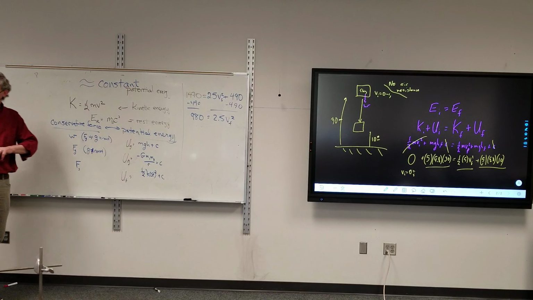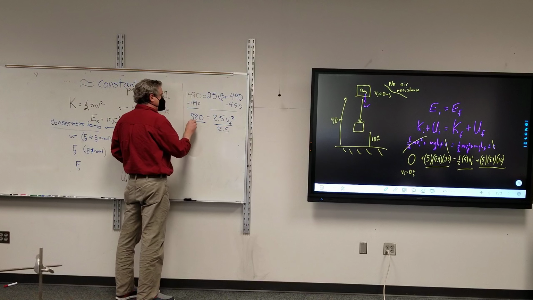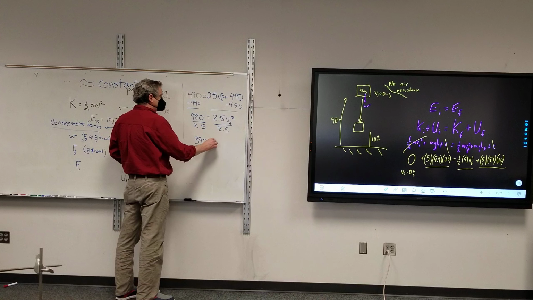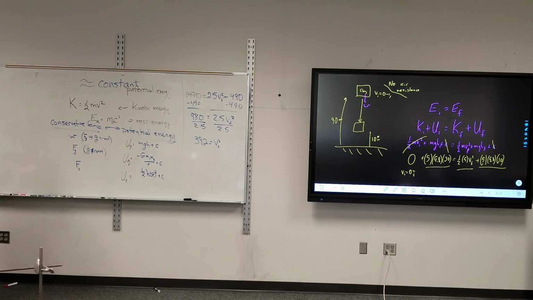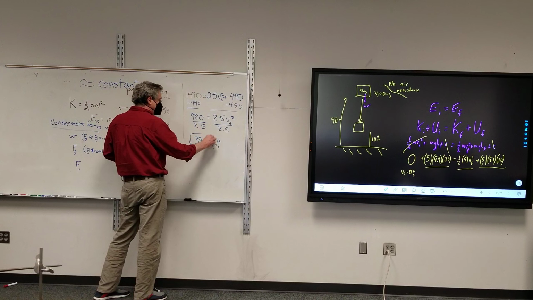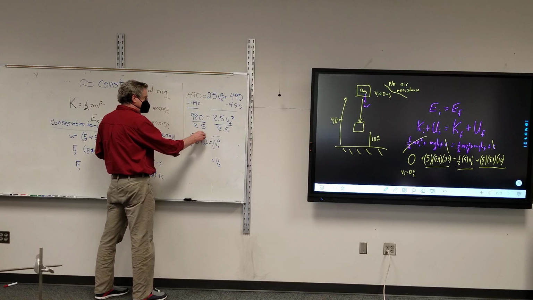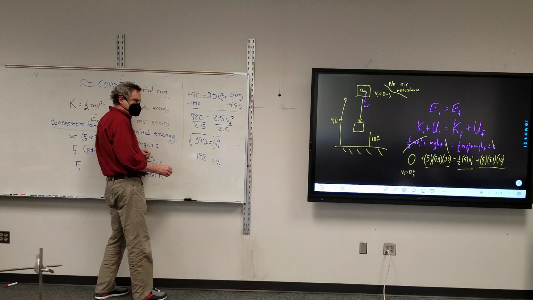Divide by 2.5, so let's get rid of that. 392 is equal to vf squared. We're almost there. Square root it. Got to undo the square, so we square root both sides. And so I got vf equals 19.8 units.